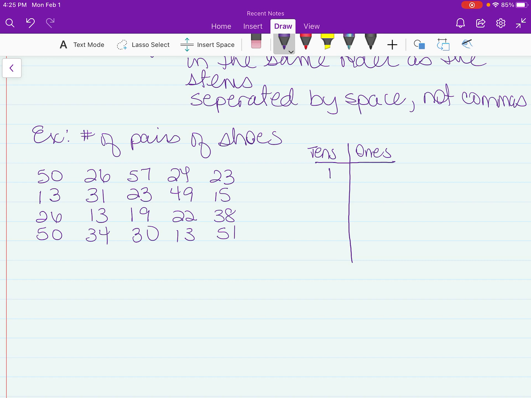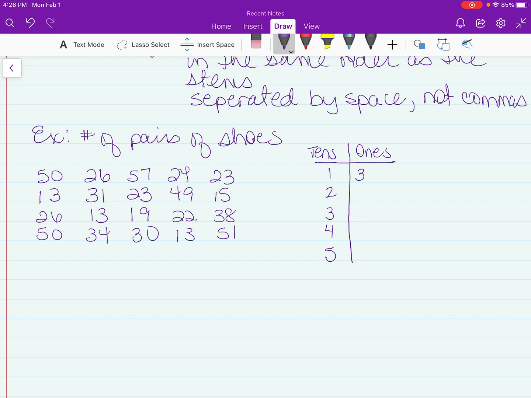So I'm going to start my first tens digit at 1, 2, 3, 4, 5, because that's my maximum. Then I start going through my actual data pieces. The one thing that a stem and leaf display does that a histogram does not do is it preserves each individual data piece. So you can still see what every data piece is in the graphical display.